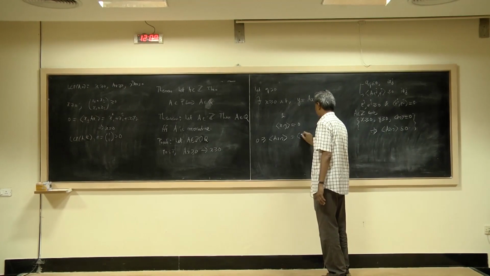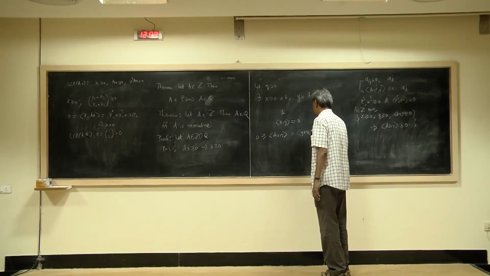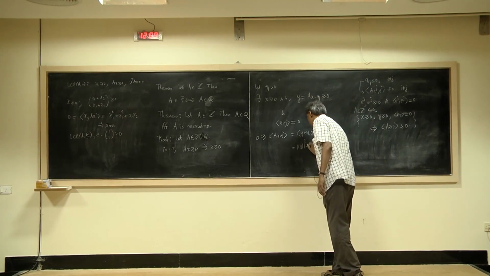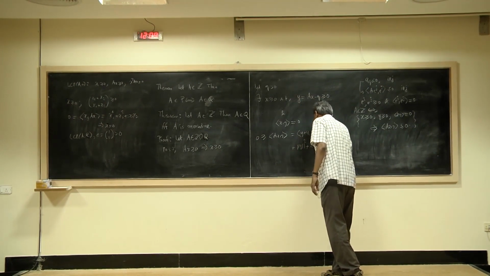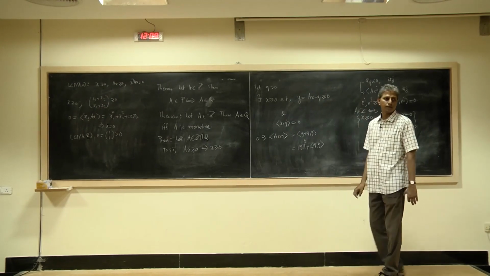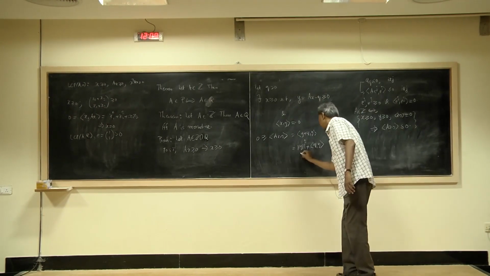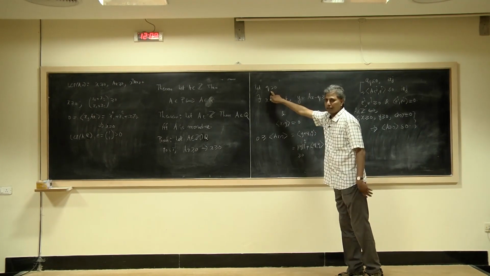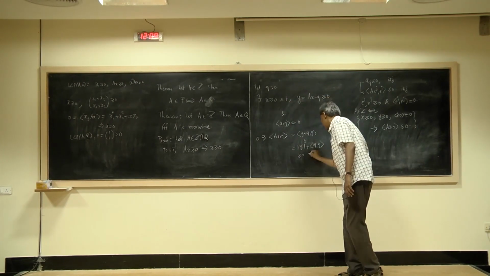Ax is y plus q, and this is y. So this is norm y squared plus inner product of q with y. This is a non-negative number. Look at <q,y>. q is positive to begin with. y is also non-negative, so this is strictly positive.